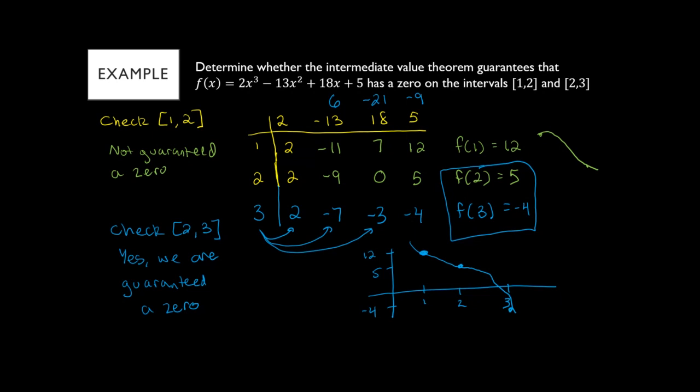Let's try that again. You connect these, and so we are probably crossing 0 at about 2.5. You know, we think there's probably a 0 around 2.5 based off of my picture. My picture could be wrong, but we know there's one somewhere in between 2 and 3. Because if you have to connect those points, you're going to have to cross the x-axis.